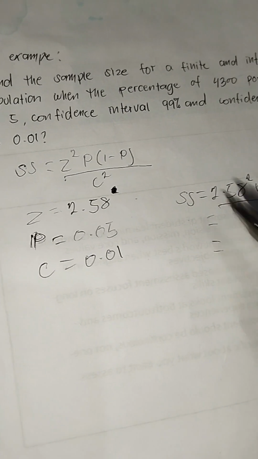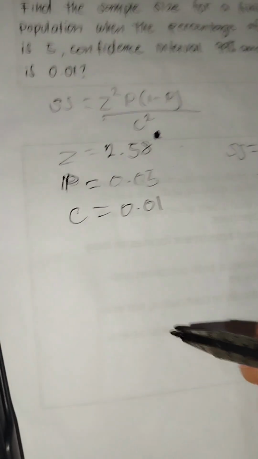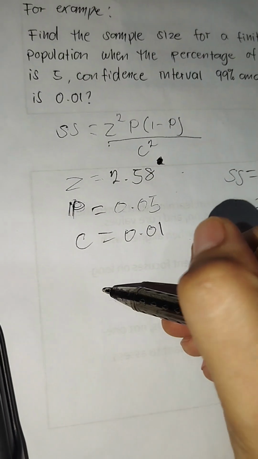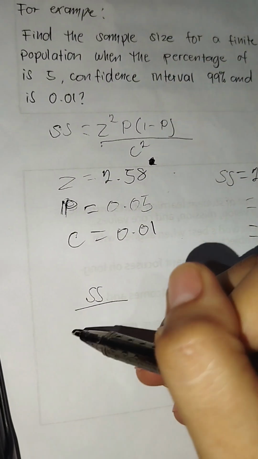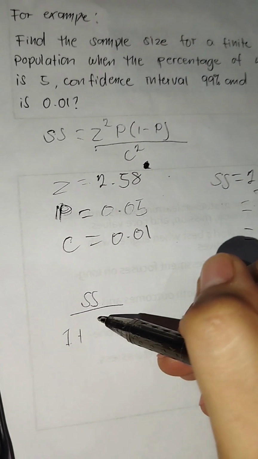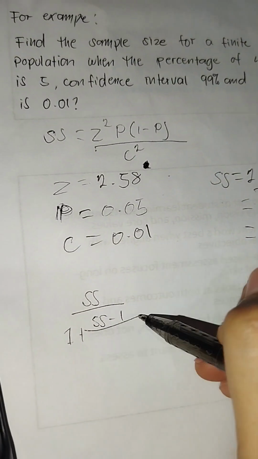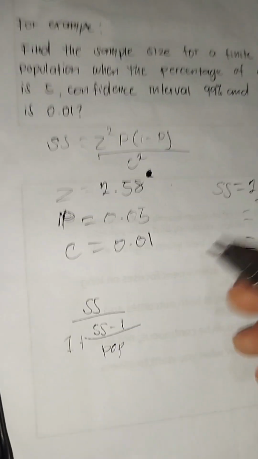So, sunod itong pangitaon kay ang finite formula. Finite sample kay SS over 1 plus SS minus 1 over population.